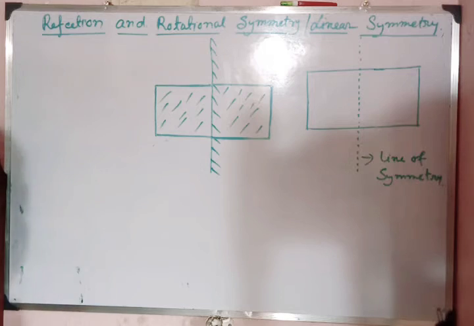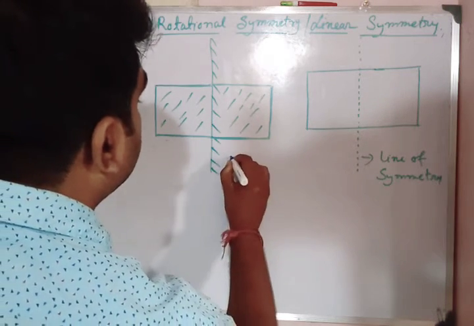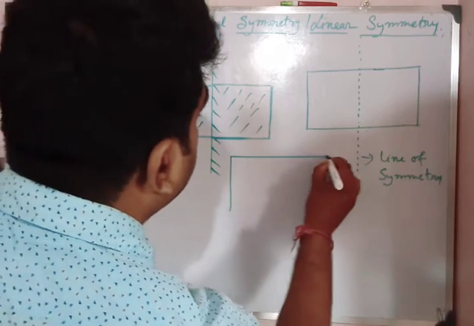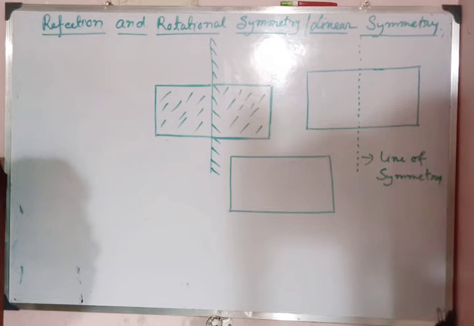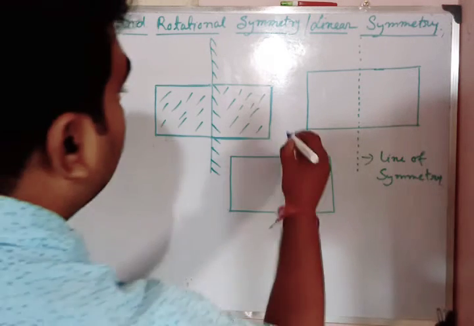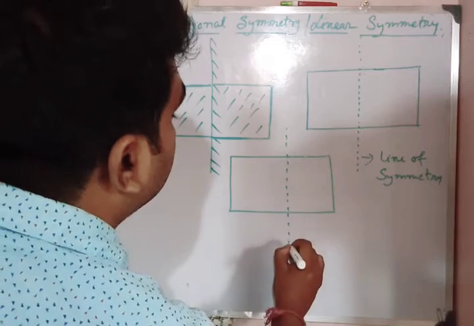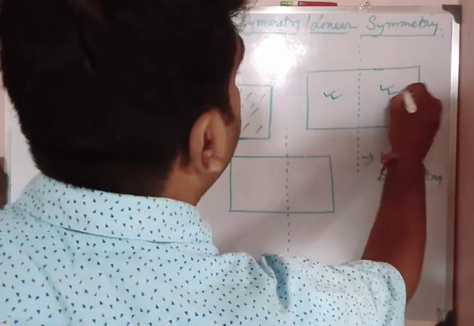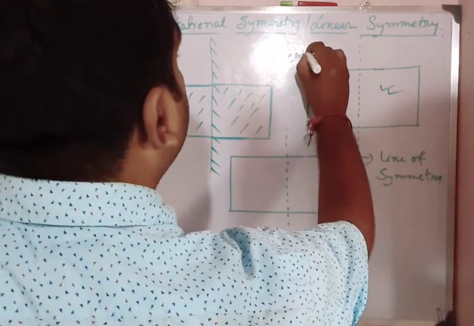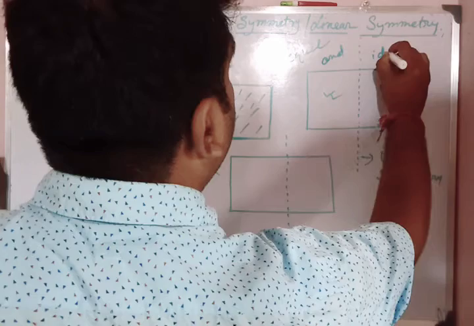Now, suppose we are taking a figure once, and we are taking one line again over here. These two figures are equal and identical.